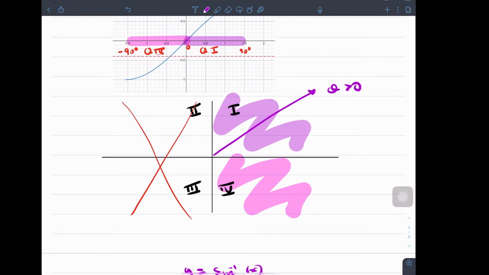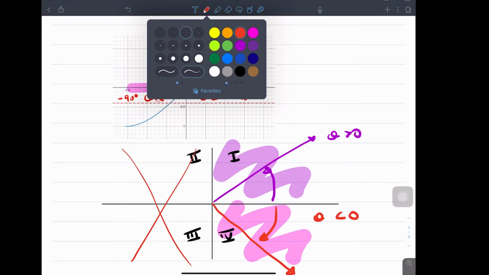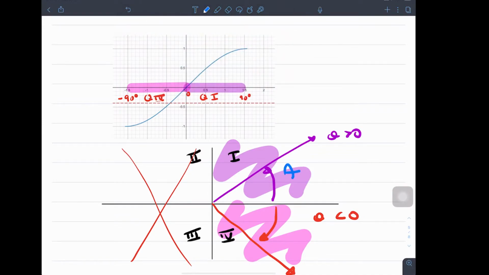Theta's positive here, and then you have to rotate in the other direction. You're rotating in that direction, and theta is negative. So this is why theta is negative pi over 6, because you threw out quadrants 2 and 3. All students take calculus.